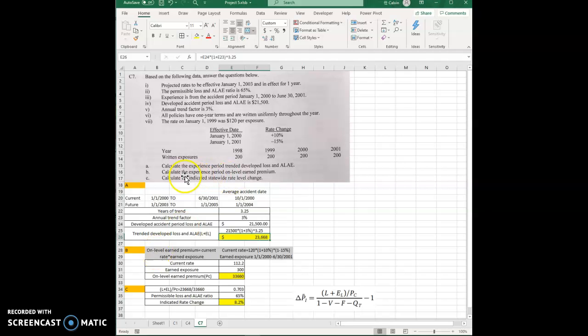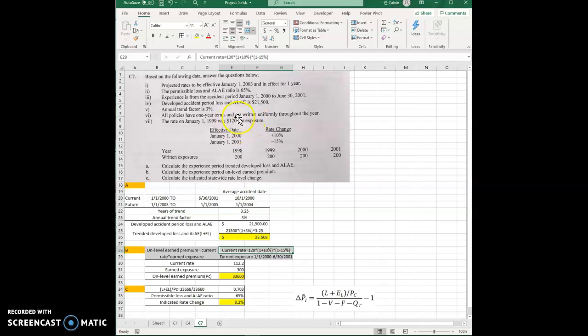For question B, calculate the experience period on-level earned premium. This allows us to find the PC. So the on-level earned premium formula is to use current rate times earned exposure. As for the current rate, the rate on January 1st, 99 was 120 per exposure.